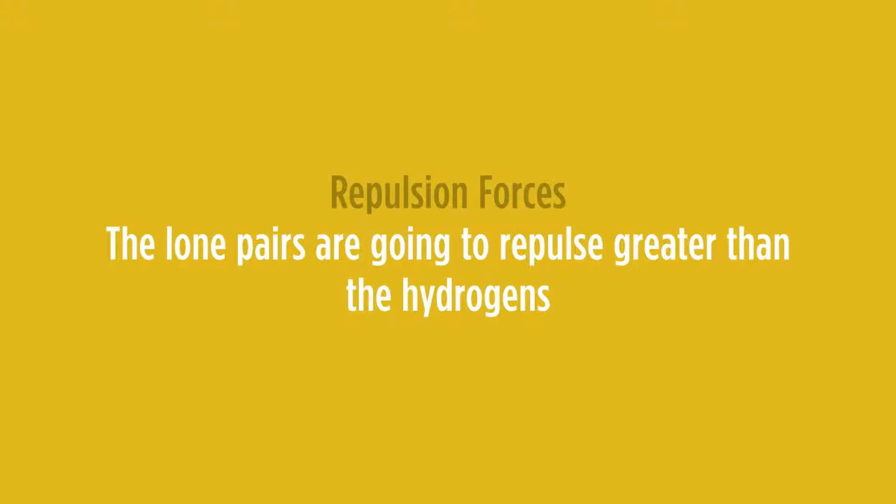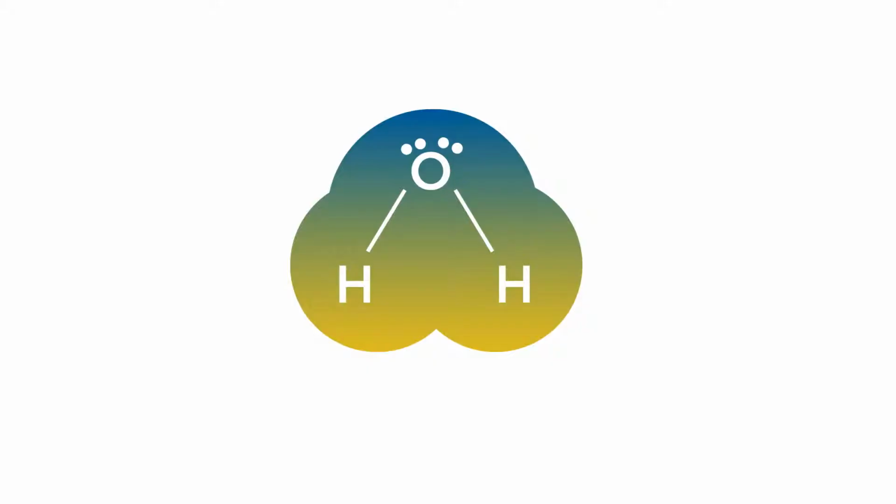And if we consider the repulsion forces, the lone pairs are going to repel greater than the hydrogens. And so we can draw this molecular geometry in this fashion, here showing the two hydrogens going down and our lone pairs going up, one of them coming at us and one of them going away.